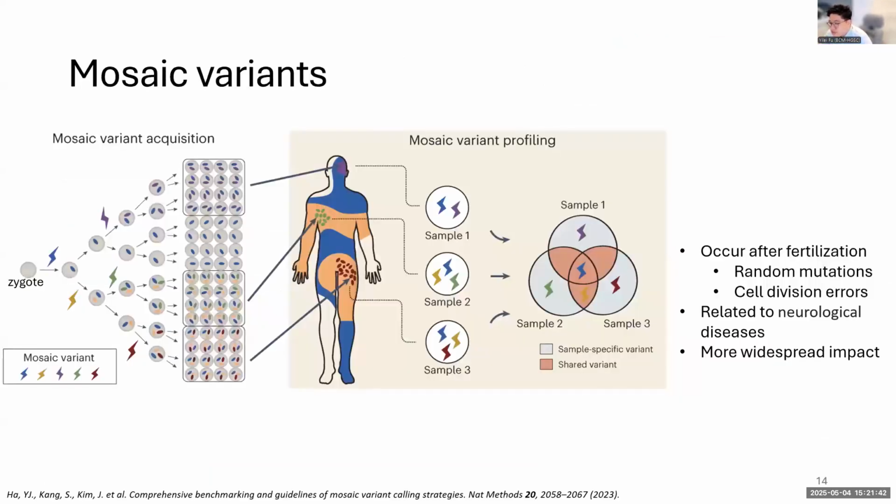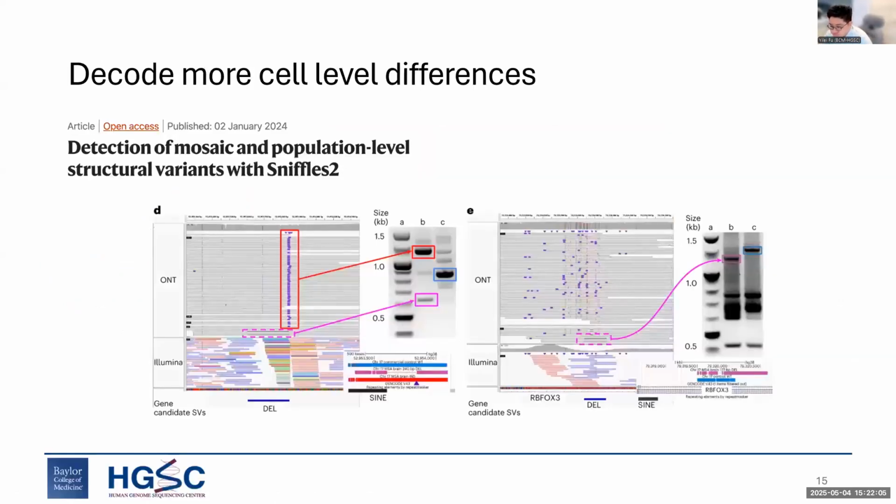So we talked about a bunch of mosaic variants, and what are these? Mosaic variants are those that occur after fertilization and are not inherited from our biological parents. Somatic changes occur for many different reasons and can grow as cells grow and divide.